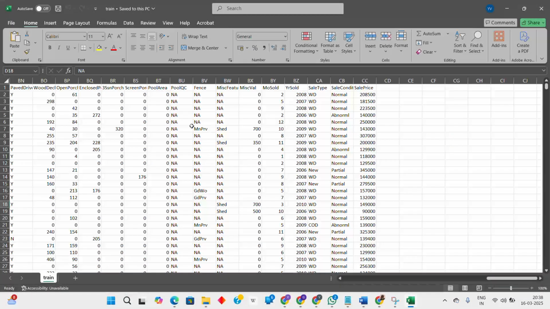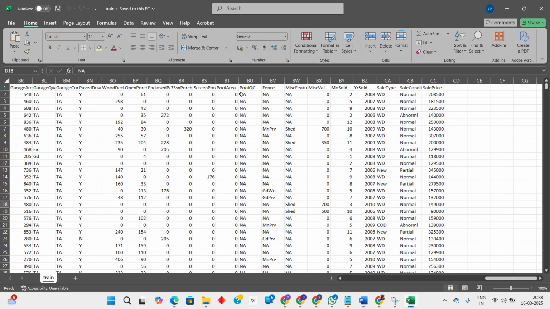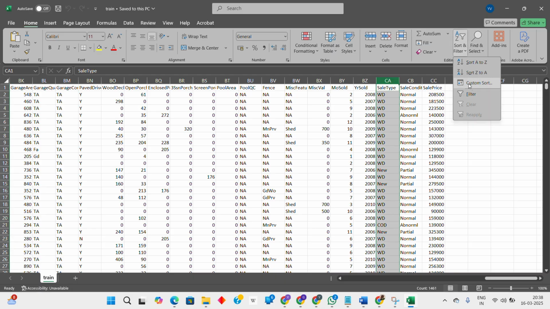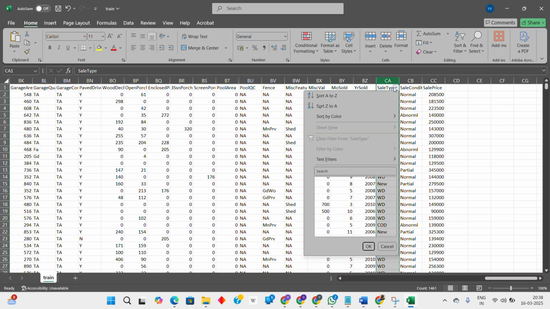You can convert, here you can see the sale type. The sale type has some different types, right? These types you can convert into numbers. How to convert into numbers? You can say the sale type COD means cash on delivery, right? So COD means zero. You derive a dictionary and then replace the values with this.